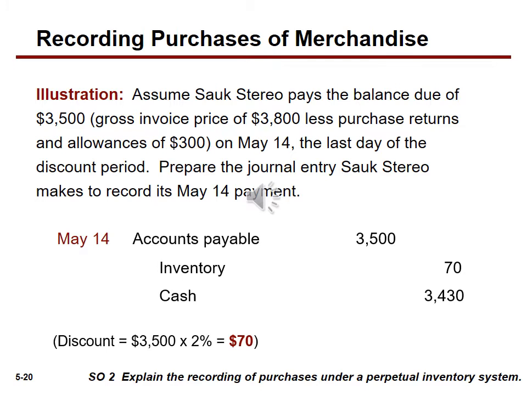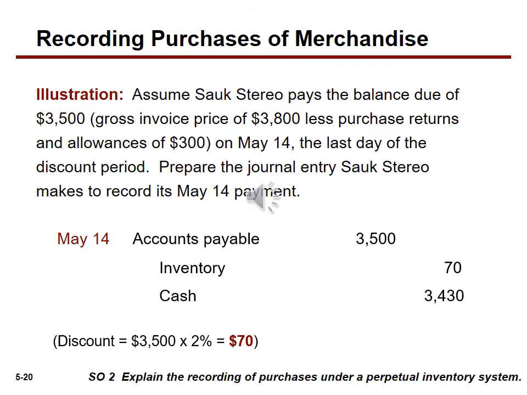Here we're going to look at how we can record the payment or the settlement of previously purchased products. In this transaction, we assume Souk Stereo pays the balance due of 3,500. The gross invoice price, as you can remember, was 3,800.